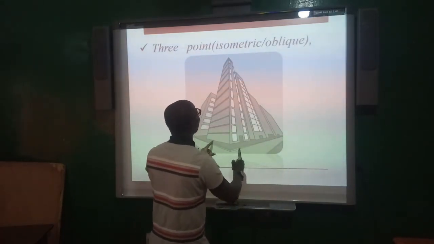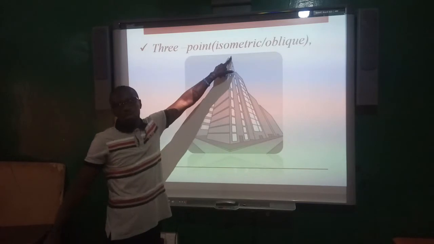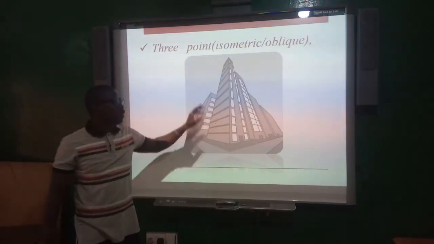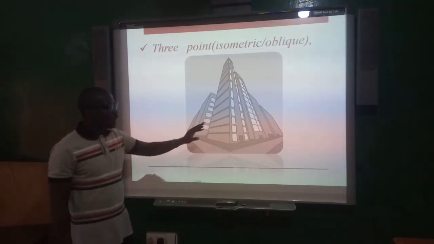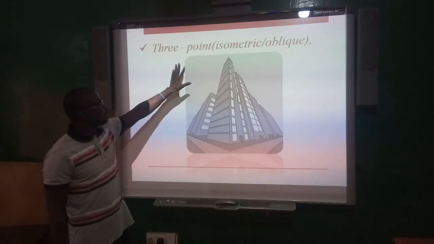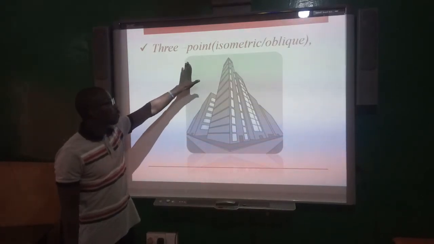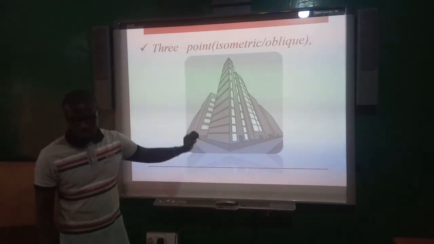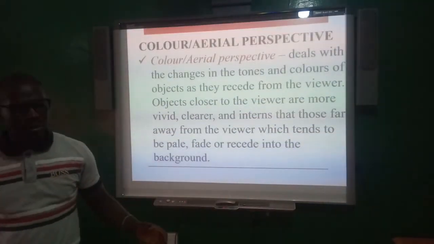When you stand here and look to the top, you see too that there's another vanishing point there. So you get 3 vanishing points on the same horizon from one particular picture. And that one is called 3-point perspective or isometric perspective or oblique perspective. Please, I hope we are okay.